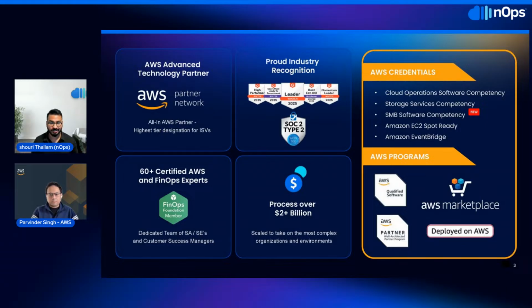Our mission is simple: help customers and AWS teams see, control, and optimize GenAI costs faster. And the best part, our free tools include the GenAI assessment tool, which is available directly through AWS Marketplace, ready to use with no setup friction. So that's who we are, and that's what we do.